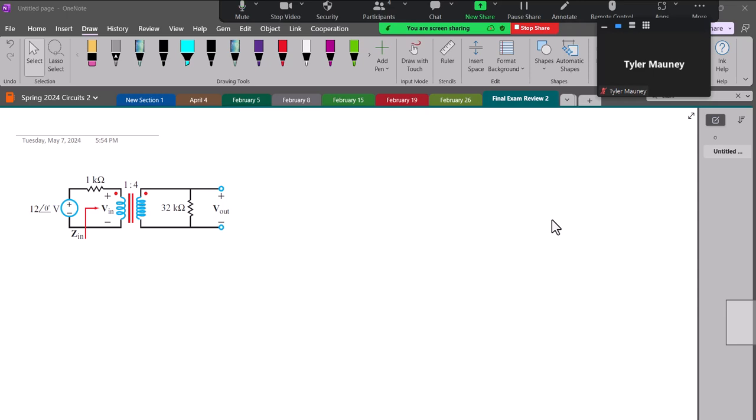Okay, so what is n? N is 4. The instructions for this are to determine V out. We see the dots are on the same side, so we don't have to add a minus sign to our equation.